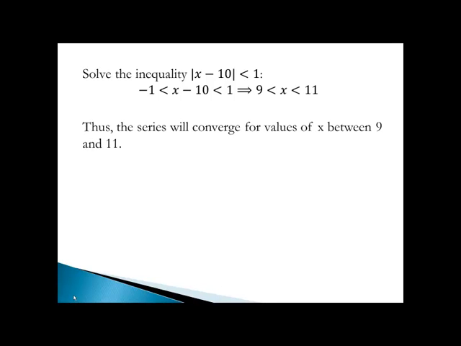So this series will converge for values of x between 9 and 11. And the sum of a geometric series is equal to a divided by 1 minus r. A was the first term. The first term in this series was 1, divided by 1 minus the ratio x minus 10, and all that simplifies to 1 divided by 11 minus x.